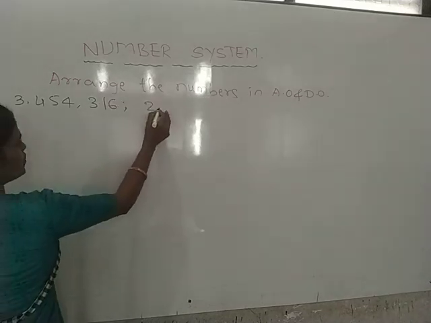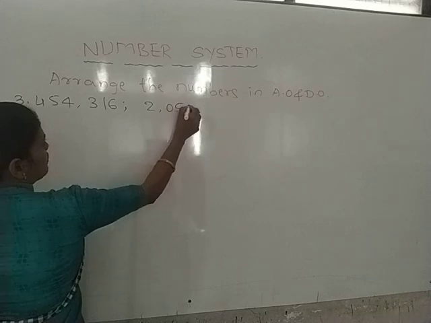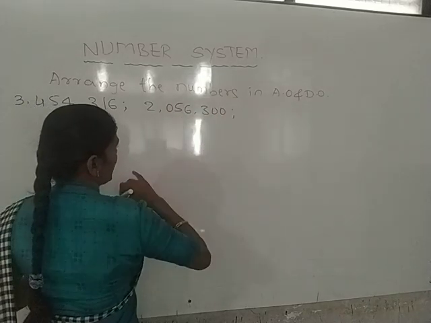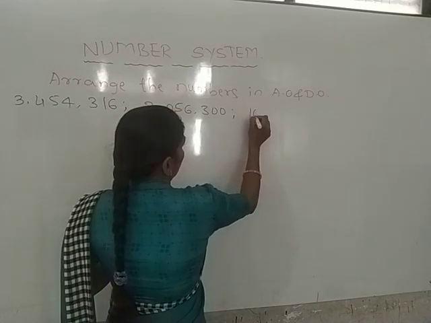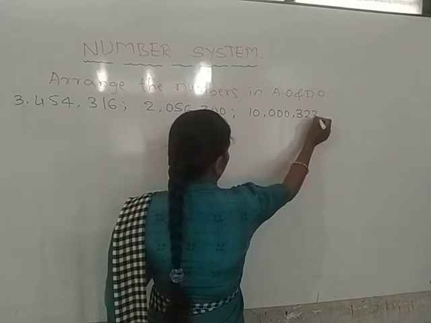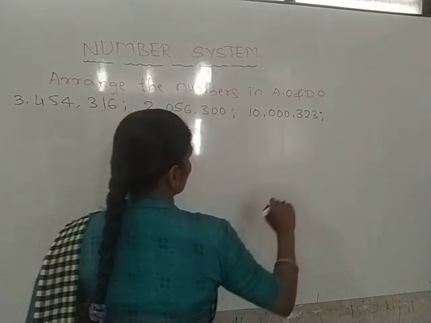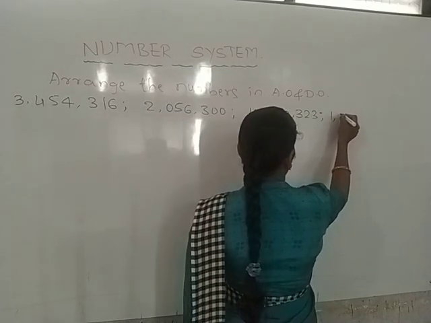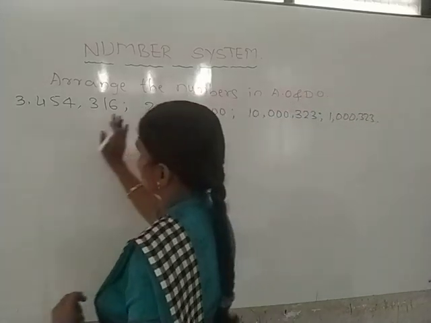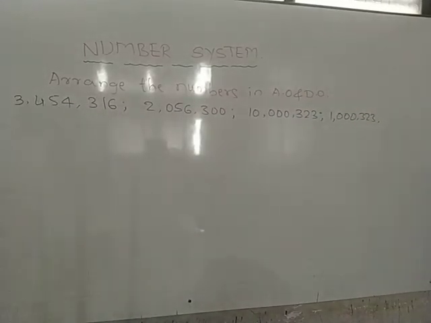Next, 2,056,300. Next, 10,323,000. Next, 1,323,000. Arrange all these numbers in both ascending as well as descending order.